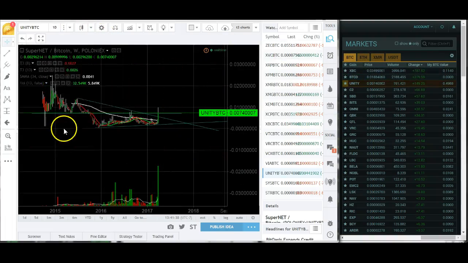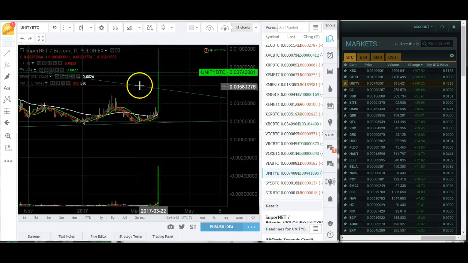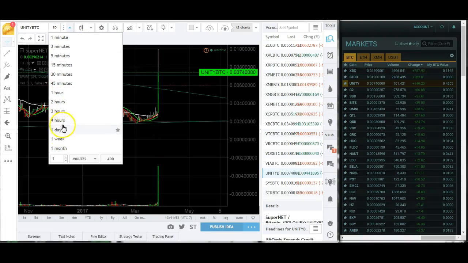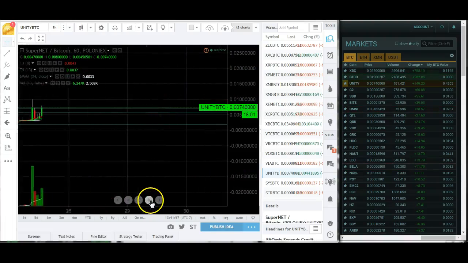Let's move it on up to the daily. Not much to see here. I got the previous downward trend line at support coming in at 0.0056, and then let's look at the hourly. Had a nice push this morning.